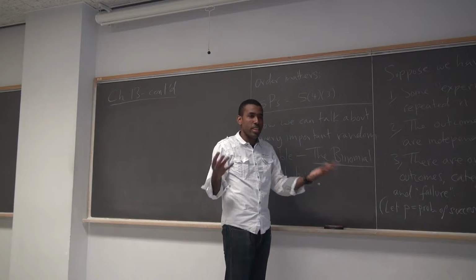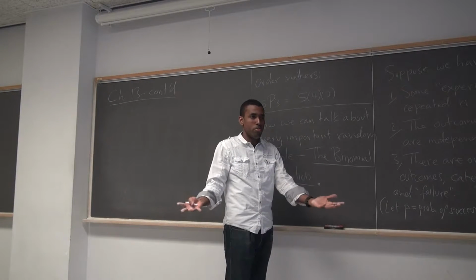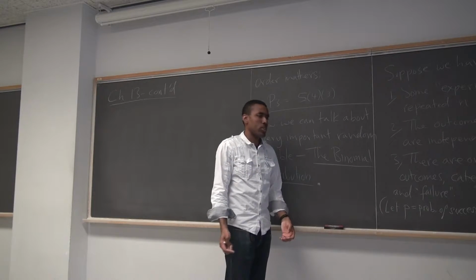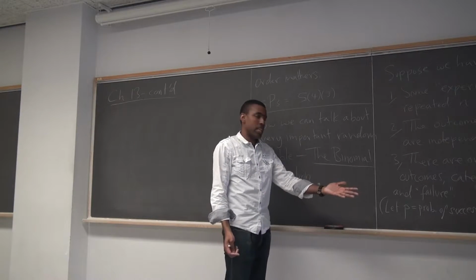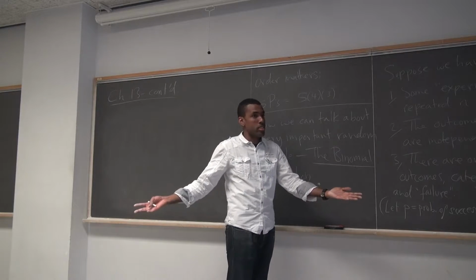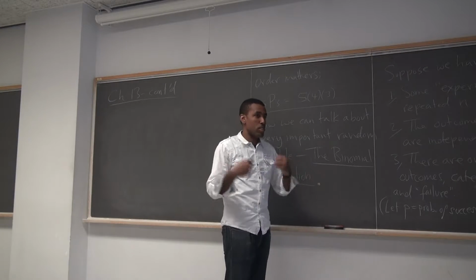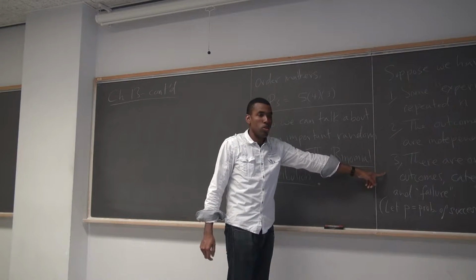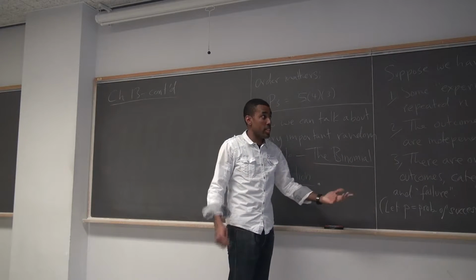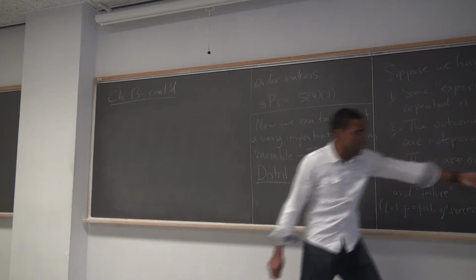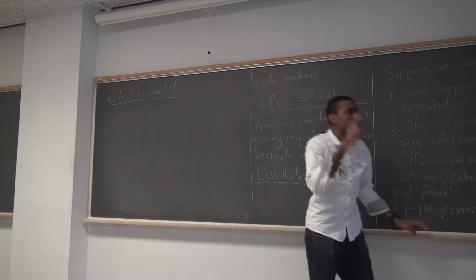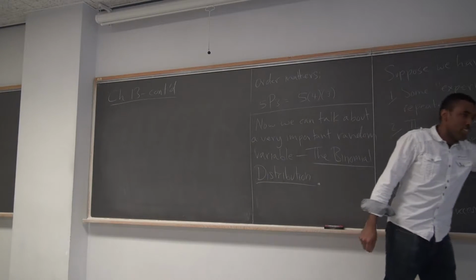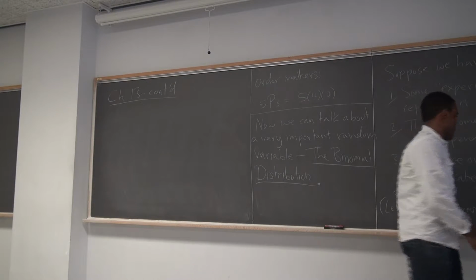Once you can think of something in 2 possible outcomes, you're doing the same thing over and over. You roll this die 3 times. If you get a 3, that's success. Get anything else, that's failure. Obviously rolling the die is independent. So you're repeating something, independent, only 2 possible outcomes. It means you can automatically know what the probability is. You don't have to count situations anymore. We've actually figured out what the probability will be.